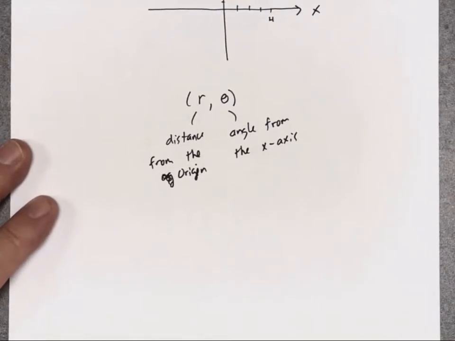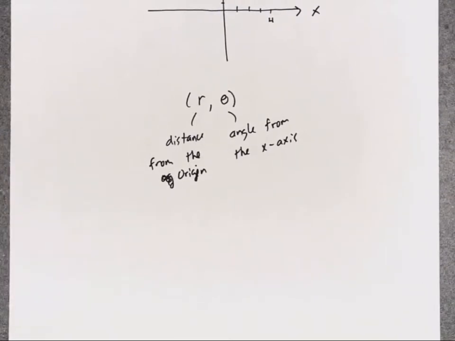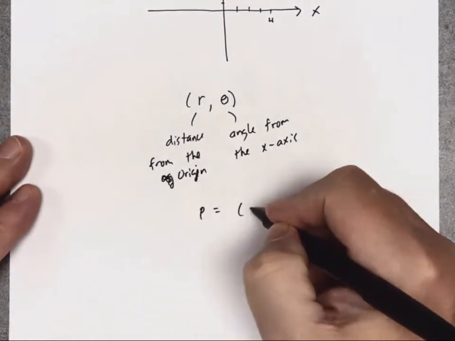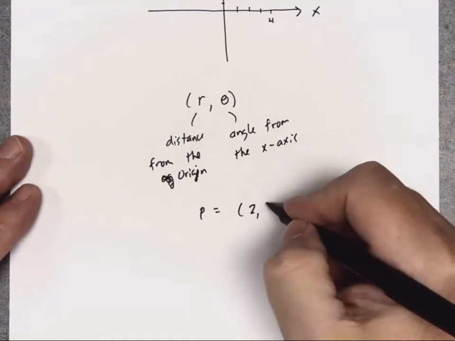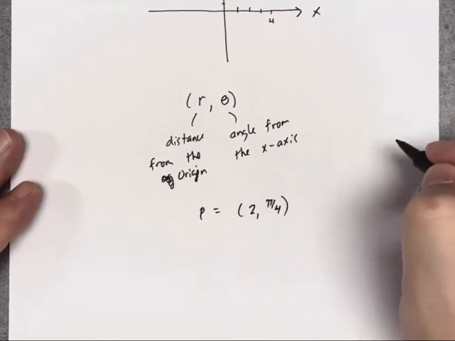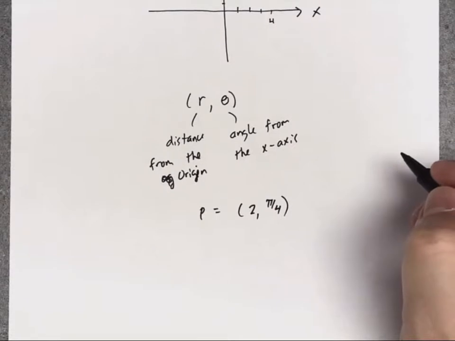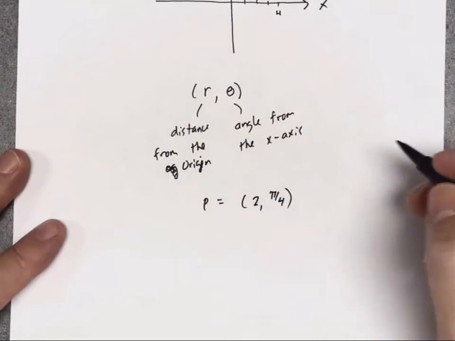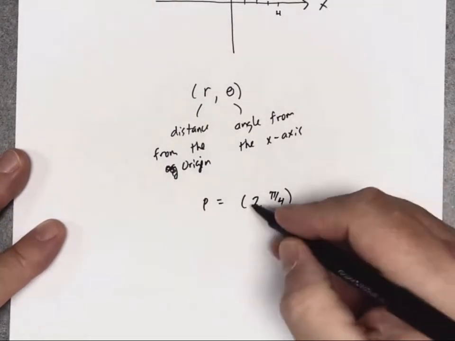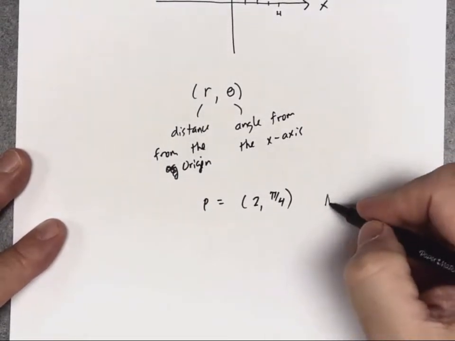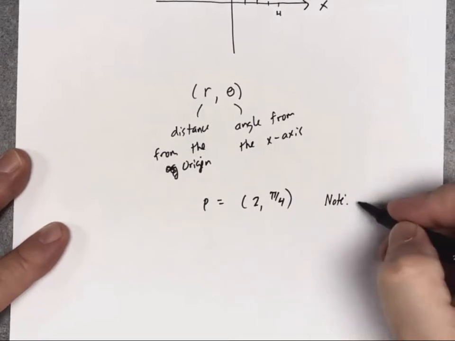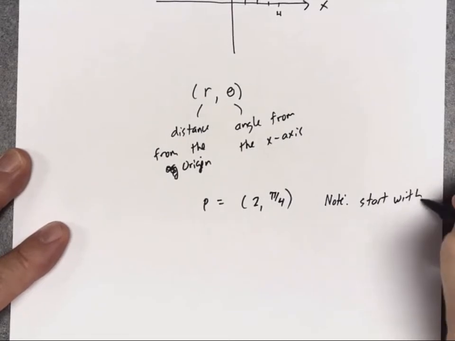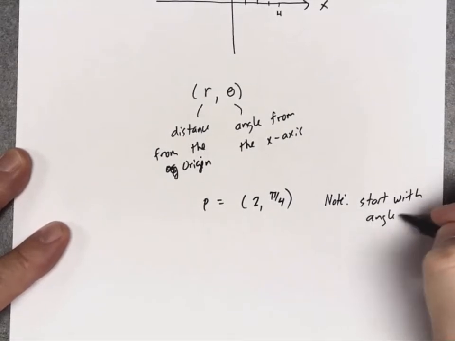So for instance, I could have the point, I'll call point P, (2, pi over 4). So I'm going to go plot this, and just so you know, when you're plotting points with polar coordinates, you always want to start with the angle.